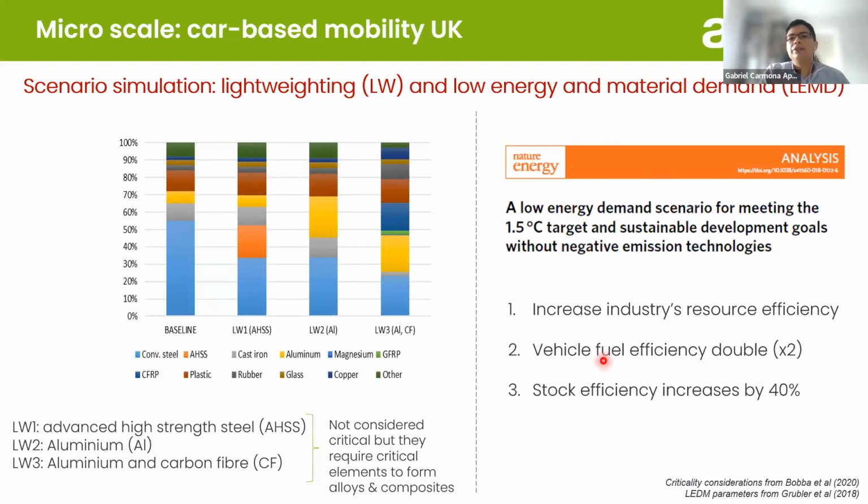And another one is using a Grubler scenario, the low energy and material demand scenario, which is how can I halve the demand of global resources by increasing industry resource efficiency, and particularly increasing vehicle efficiency twofold, or stock efficiency increasing by 40% through car sharing, carpooling, or better design of cities.